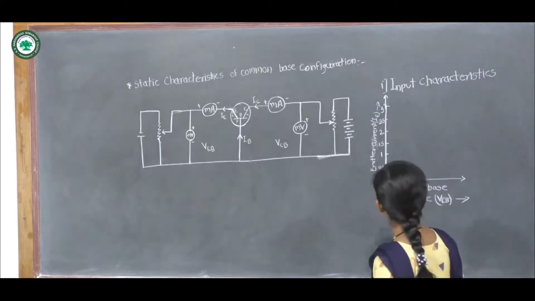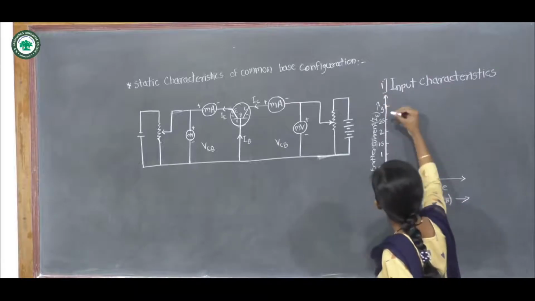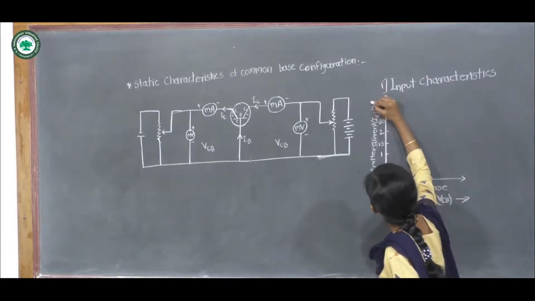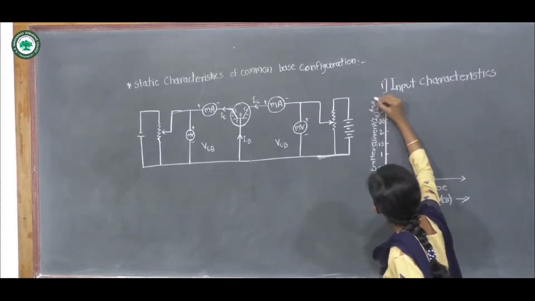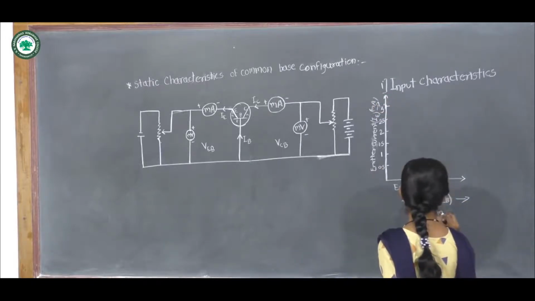Emitter current is measured in terms of milliampere, and emitter base voltage in terms of millivolt.